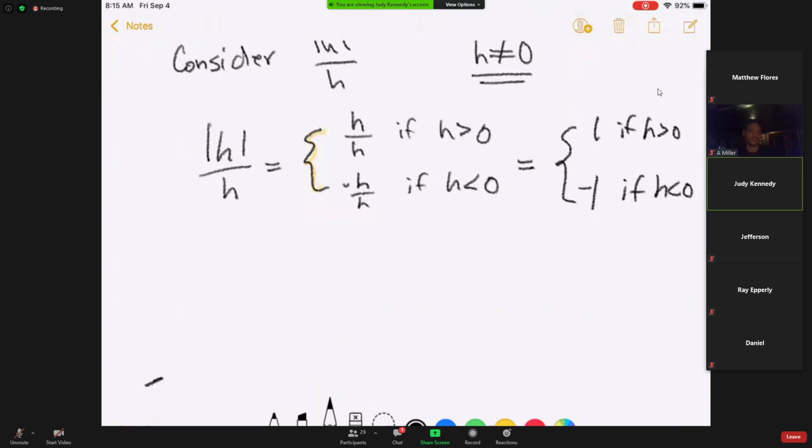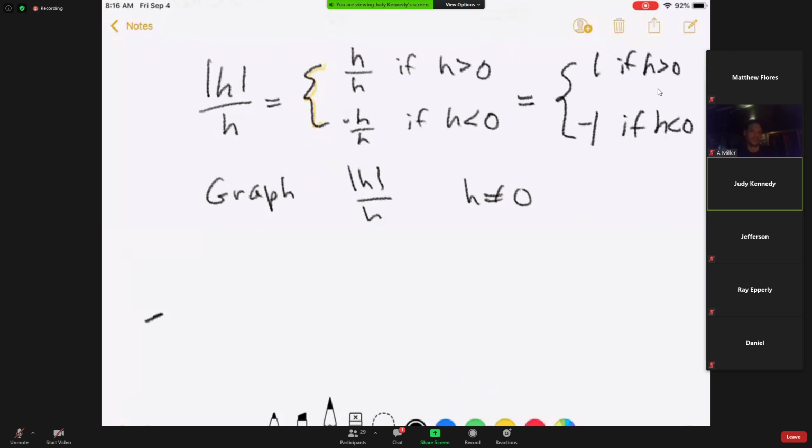So let's graph this function. We may have done this before. The function is not defined when h is equal to 0, but it is defined every place else.